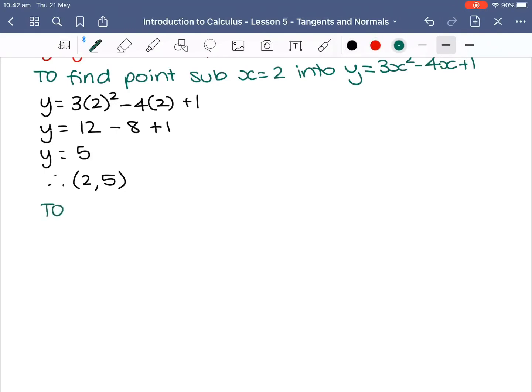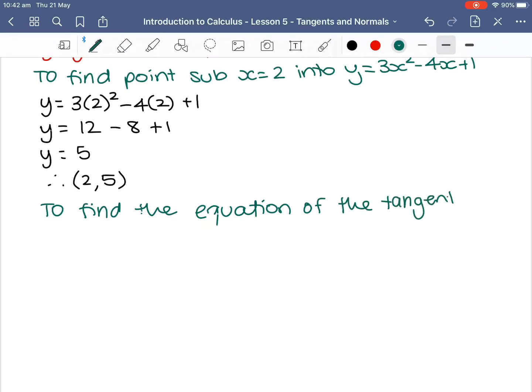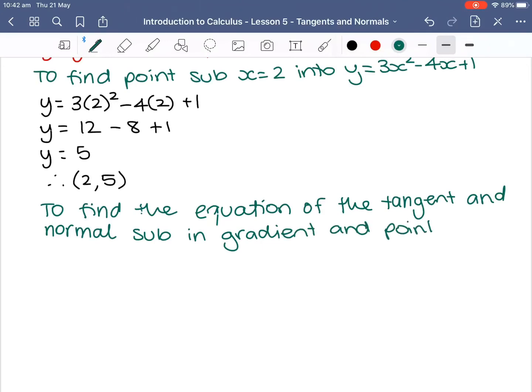So then to find the equation of the tangent and normal, sub in gradients and point.